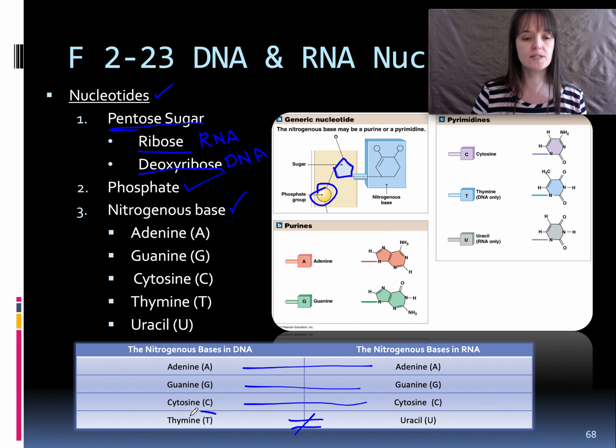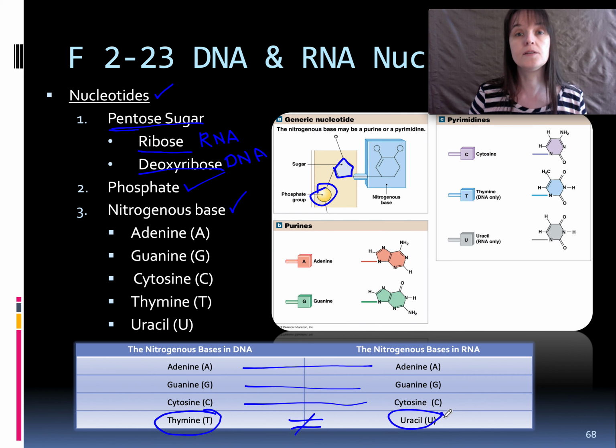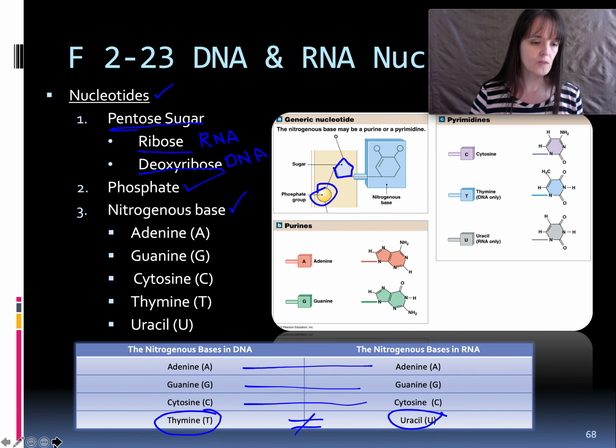This fourth column is different. DNA only uses thymine, and RNA only uses uracil. You never use thymine in RNA, and you never use uracil in DNA. So, unity of life, it's the same everywhere.